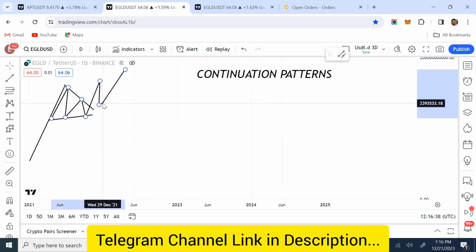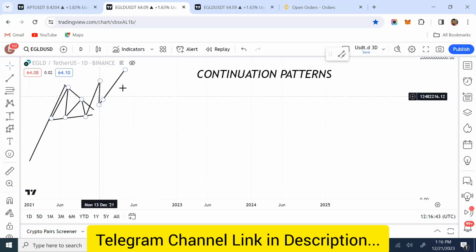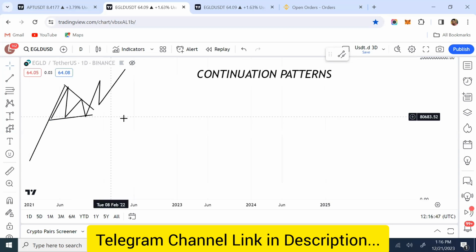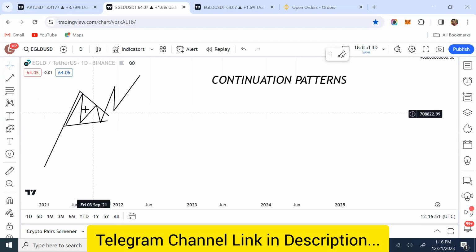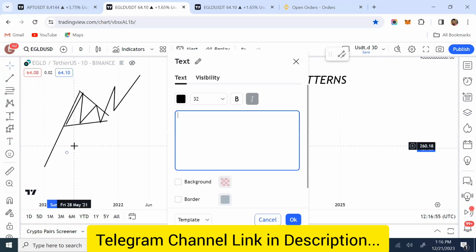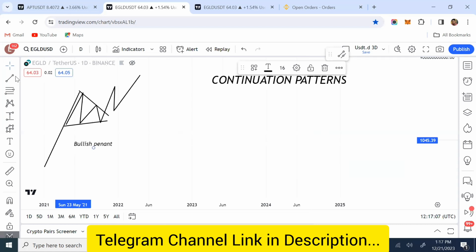You can see it's very similar to a flag formation. Can you see this? And of course, we also have a bearish scenario. This is a bullish pennant, obviously.